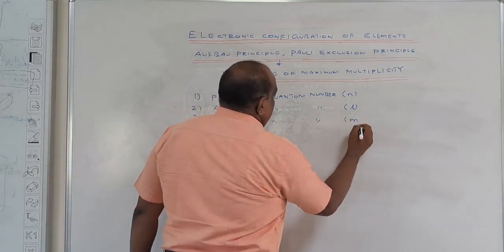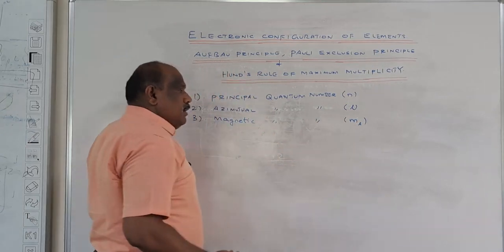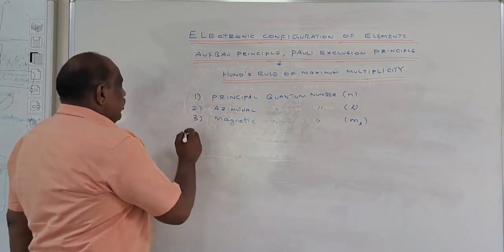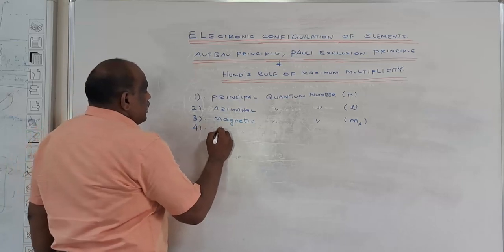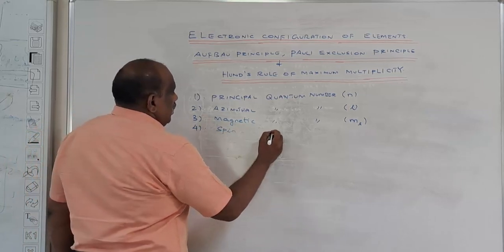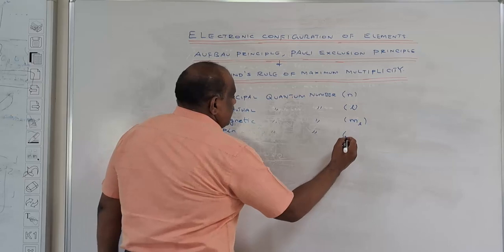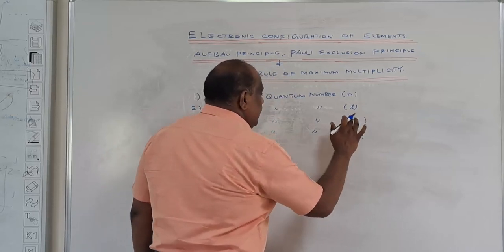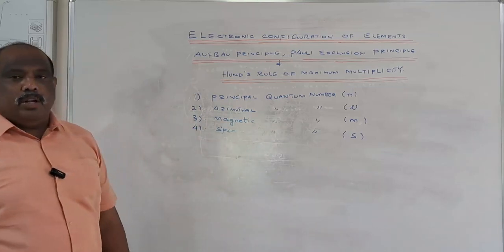It can be either m or m suffix l. Both are right. Some books follow m, some follow m suffix l. Then the fourth quantum number is the spin quantum number, s. If you want uniformity, let us have m alone. So these are the four quantum numbers.